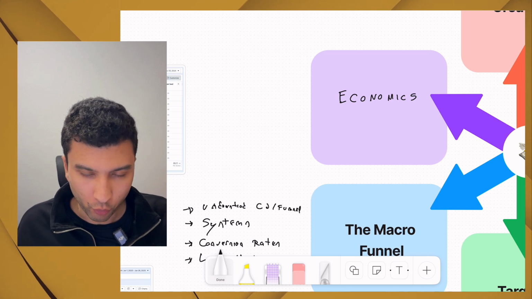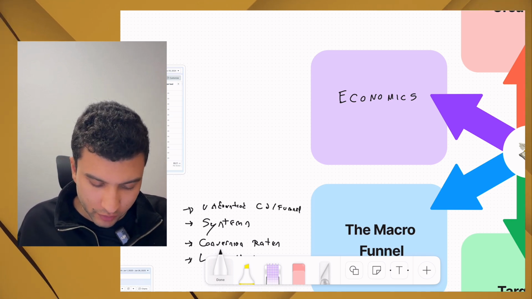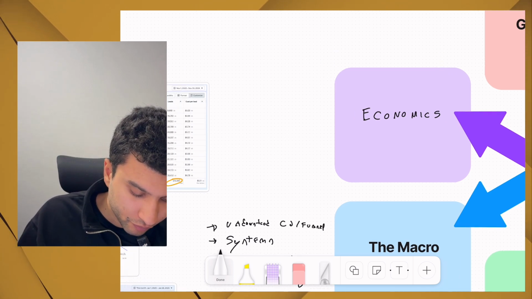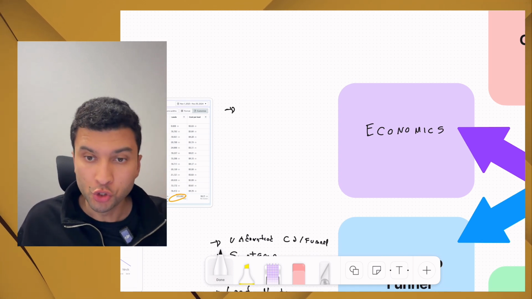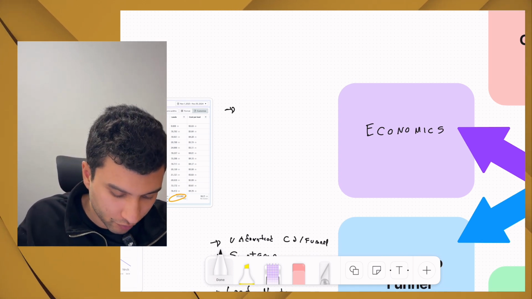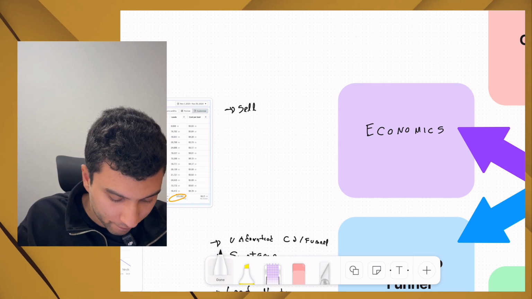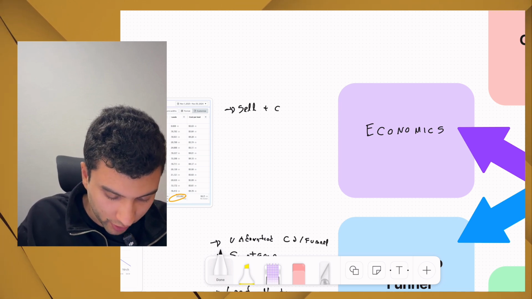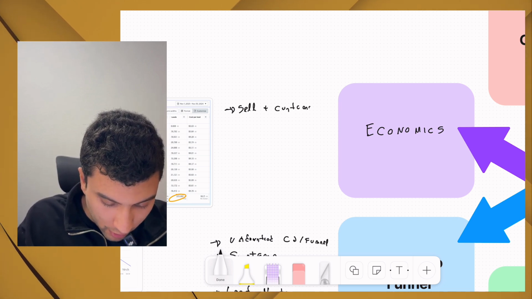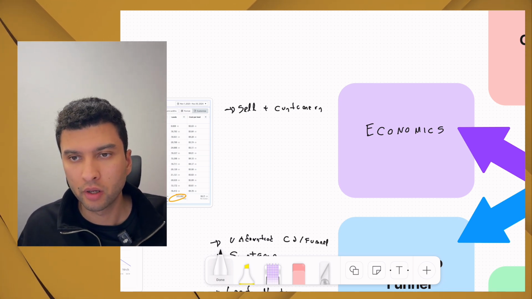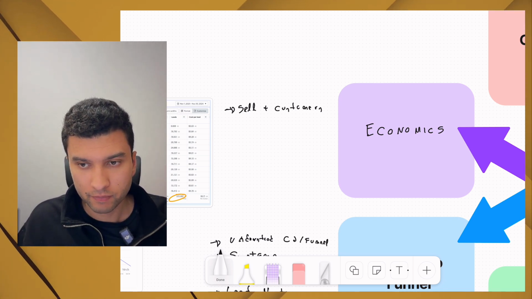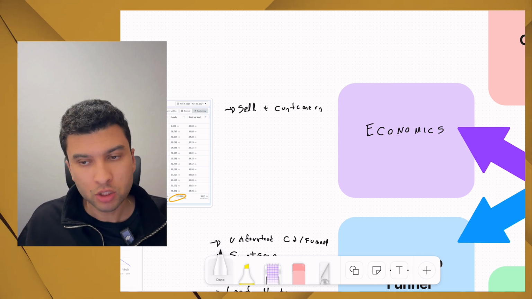Now, when it comes to revenue, there are different things that you can do. One of the things is you can sell to more customers. Now, to sell to more customers, you can either scale your ads, so increase volume.